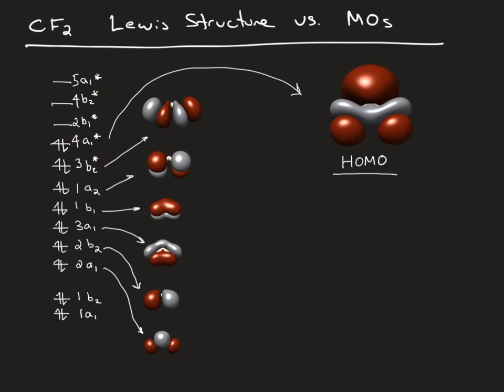What I have plotted here are the occupied molecular orbitals of difluorocarbene. And just to remind ourselves, the Lewis structure of difluorocarbene is this.